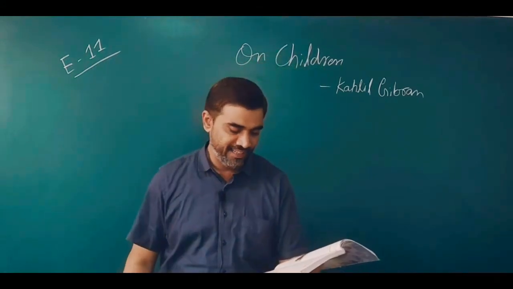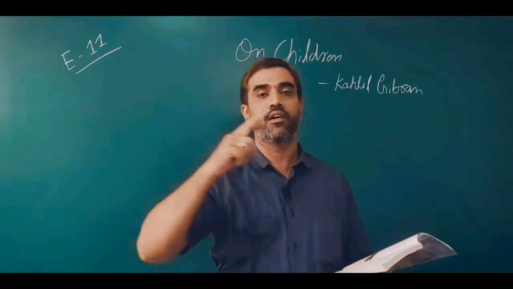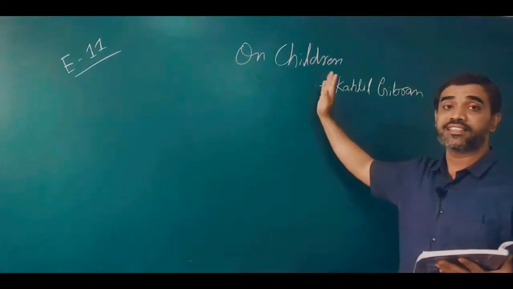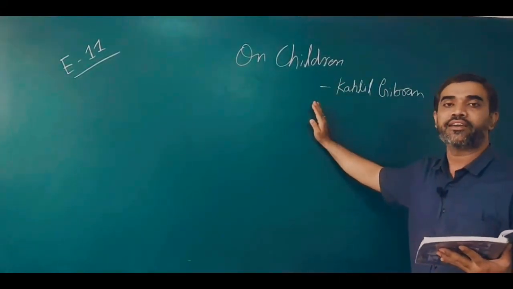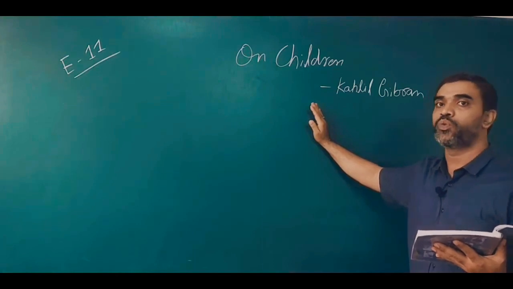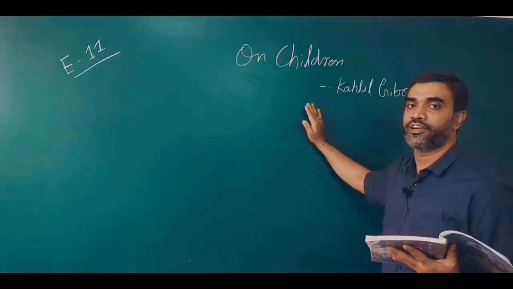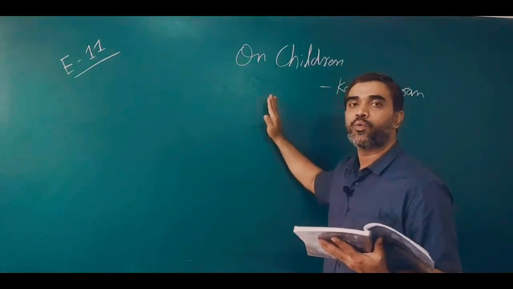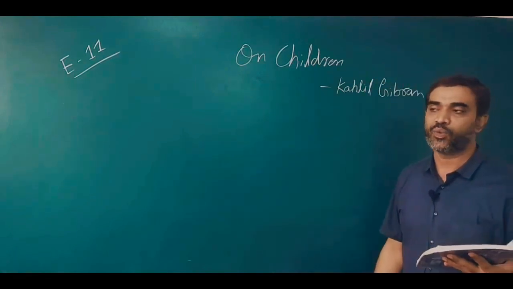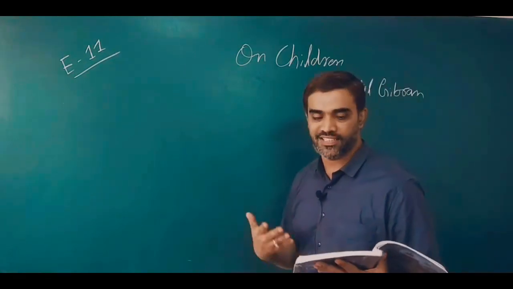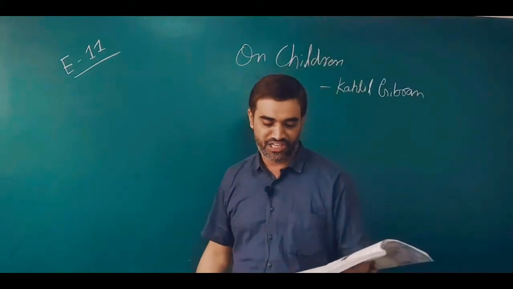He says that this work, On Children, is a selection taken from his major work called The Prophet. In this poem, what the poet is going to tell us is all about expectations.